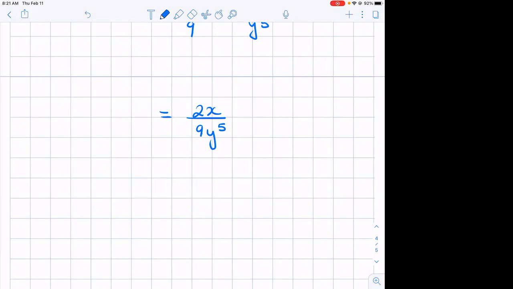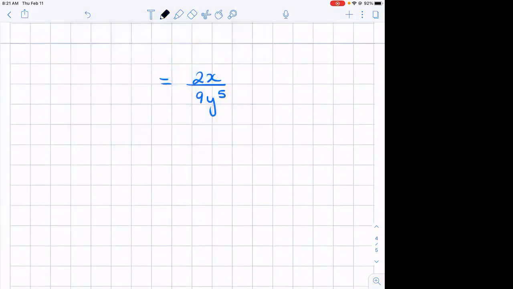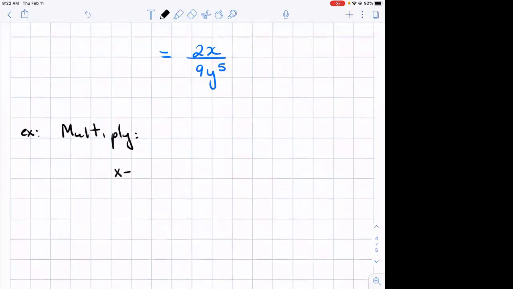So if you look at my next example, multiply, and remember, if you know multiplication well, then division is the same thing. So if we have x minus 3 divided by x squared minus 4 times x plus 2 over x squared minus 6x plus 9.